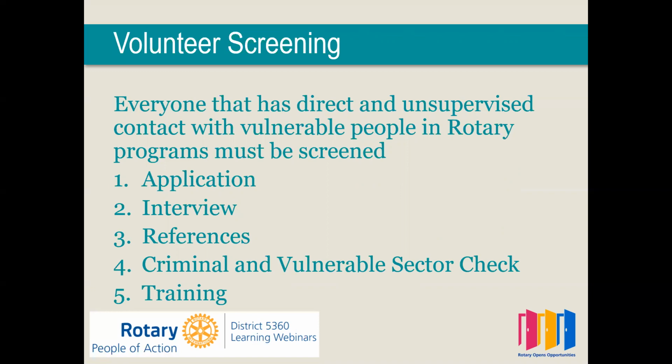Screening includes 5 steps: completing an application, being interviewed to make sure you're suitable for the role, having your references checked, providing a vulnerable sector check, criminal record check, and taking training to understand your responsibilities for protecting vulnerable people and being aware of how they may be hurt.